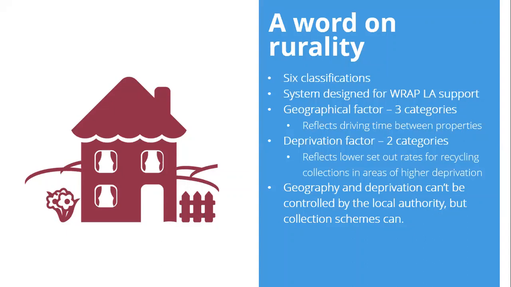The reason that we've picked these two factors, geography and deprivation, is because you can't control those as a local authority. What you can control is your choice of collection schemes. So what type of vehicles you're using, the degree of sorting that happens at the kerbside, and the frequency of collections.